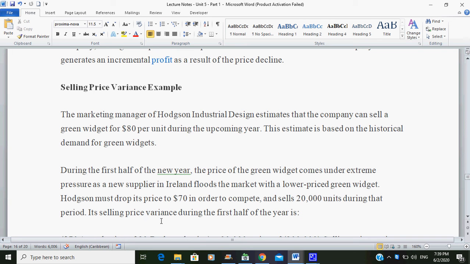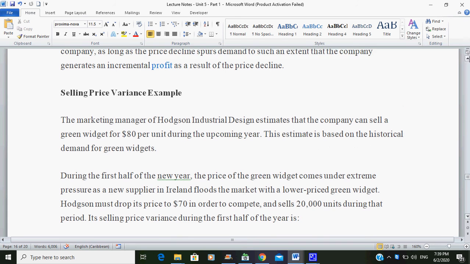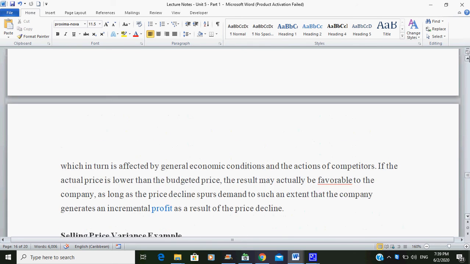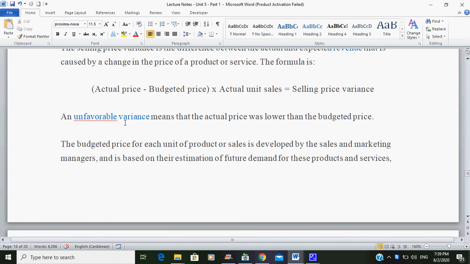We look at variable overhead spending variance overview now. The variable overhead spending variance is the difference between the actual and budgeted rates of spending on variable overhead. The variance is used to focus attention on those overhead costs that vary from expectations.